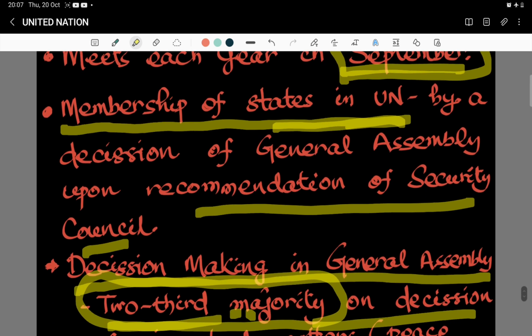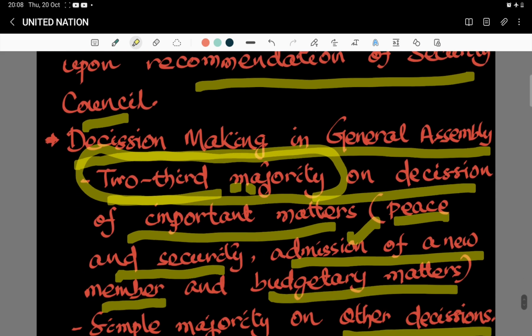The membership of states is decided by the General Assembly based on the recommendation of the Security Council. On important matters like peace and security, admission of a new member, and budgetary matters, a 2/3 majority is required. But in other cases, it requires only a simple majority.